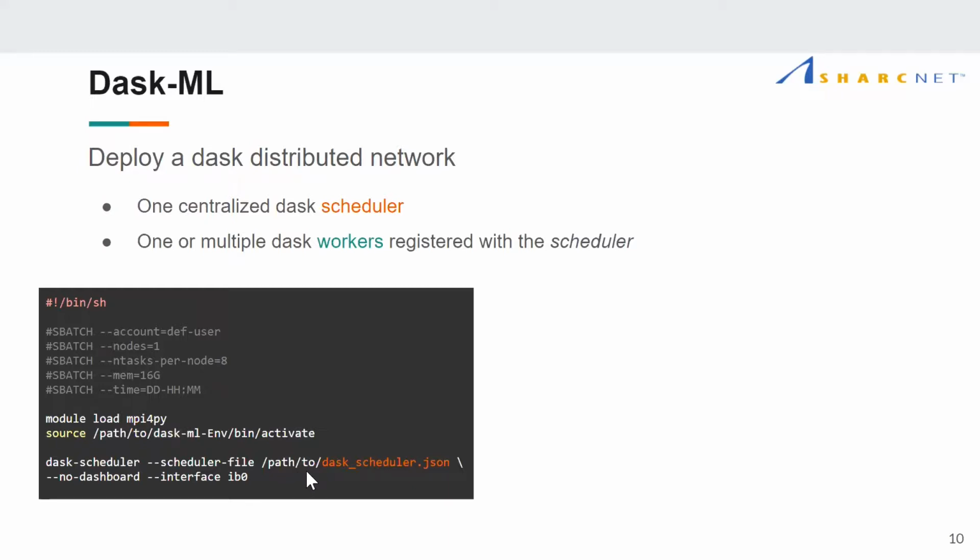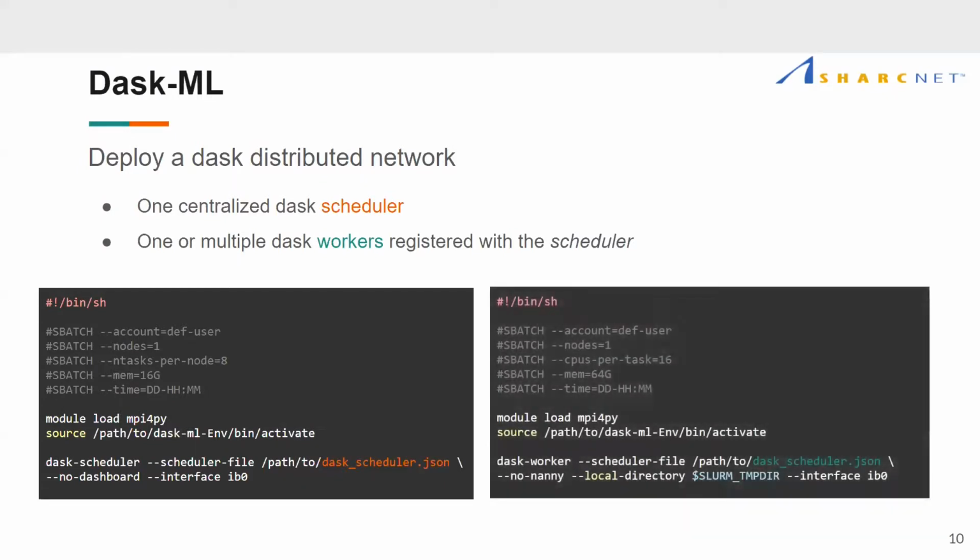Once you have a Dask scheduler started and running, you can submit a job to start a Dask worker. Here is an example Slurm script for starting a Dask worker on the cluster. When starting a Dask worker, it needs to register with the Dask scheduler, so you need to provide the scheduler file that has the URL information of the scheduler.